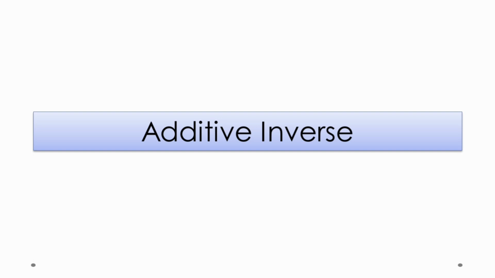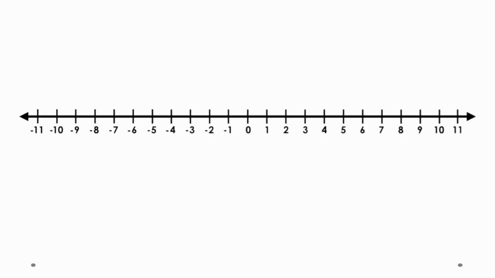Let's now understand the concept of additive inverse. Suppose an ant walks 4 points to the right side of 0, that is plus 4, and then walks back 4 points, that is minus 4. Where does it reach finally? You can see that it reaches 0.